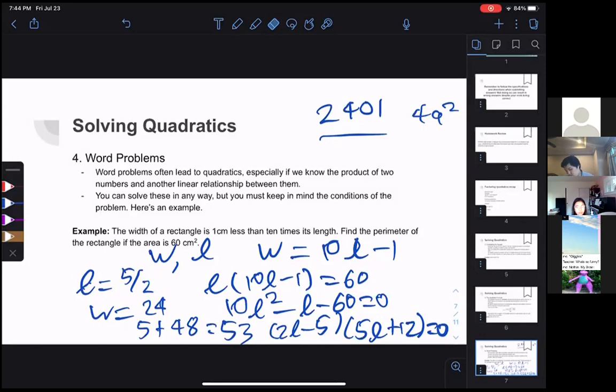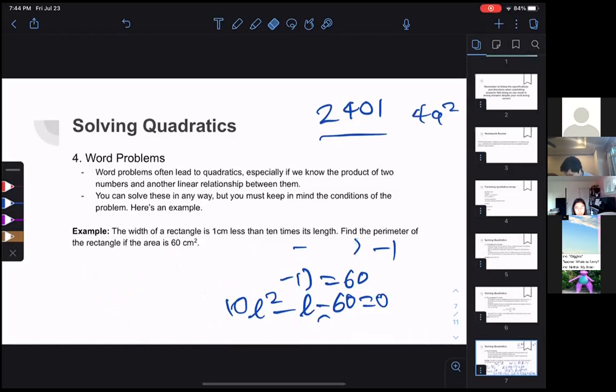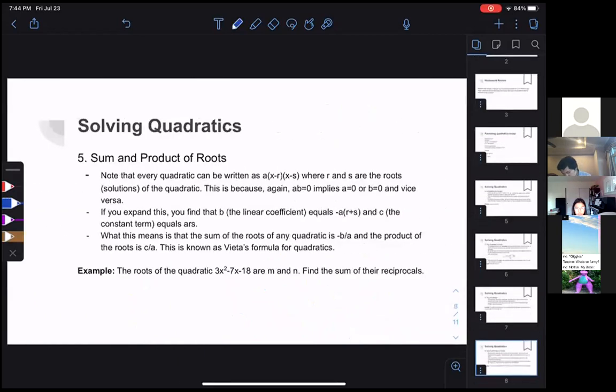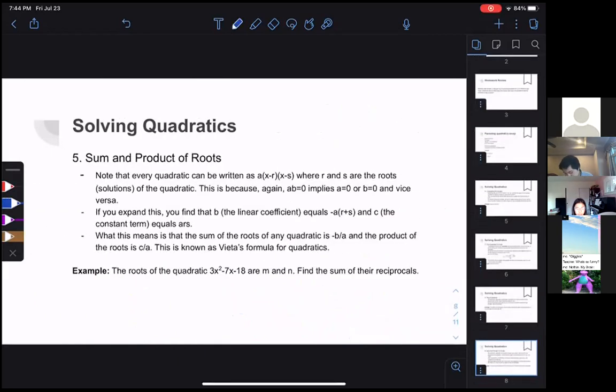All right, so the next problem: sum and product of roots. Note that every quadratic can be written as a times x minus r times x minus s, where r and s are the roots. This is because, again, a times b equals 0 implies a equals 0 or b equals 0, and vice versa.